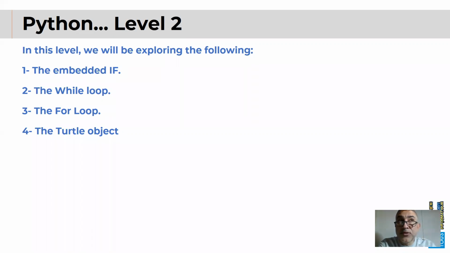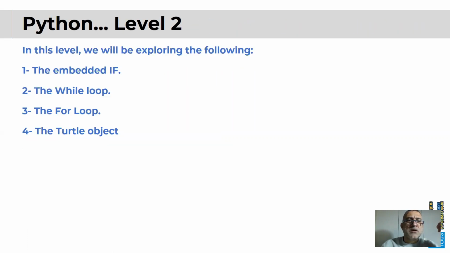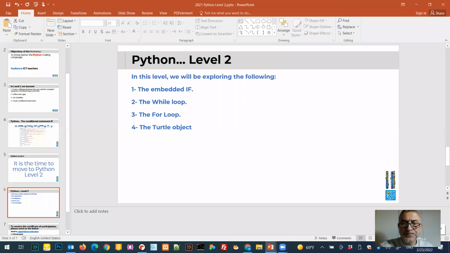And for level 3 Python, we are going to explore the functions with and without parameters, and the array function, which is an advanced skill in Python. So this is what we are going to explore today, and I will be moving directly to the program MU.